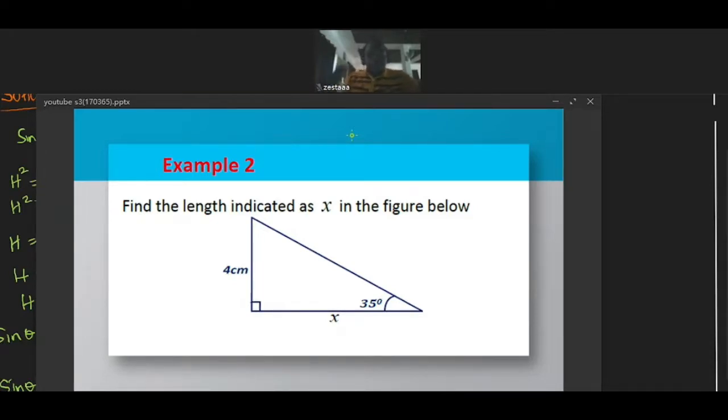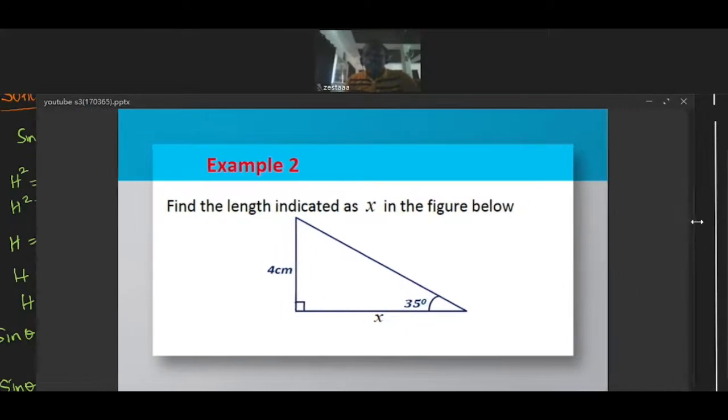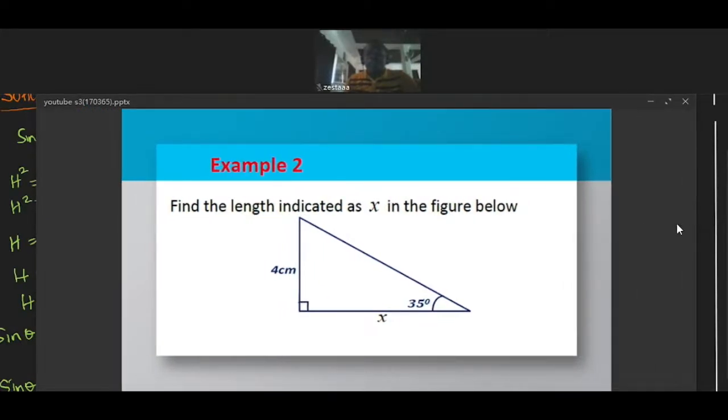So please take note of that, we first need to identify our sides. Okay, identify your sides so that you can be able to get to know what you're going to work through. So we know that this is our opposite, this is our adjacent, and this is our hypotenuse.